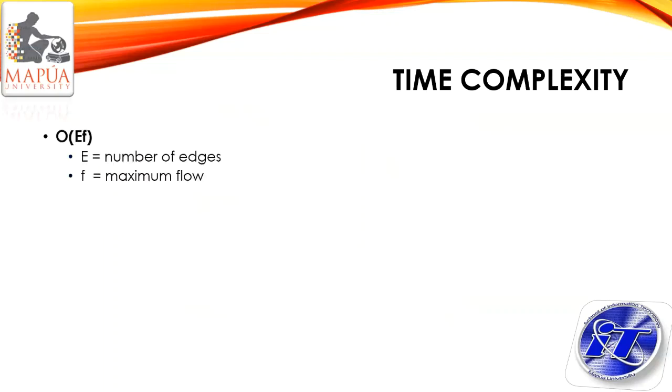So the time complexity is E times F, number of edges times the maximum flow. So if it's 19, then 19 times the number of edges. That will be the time complexity.